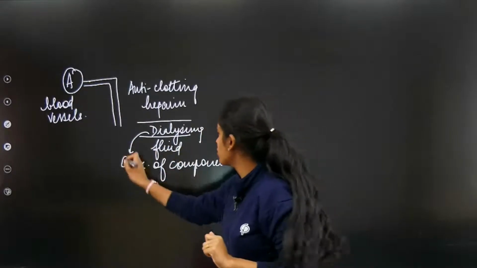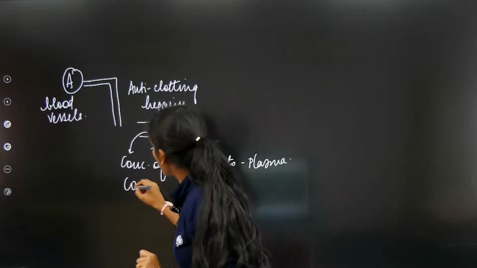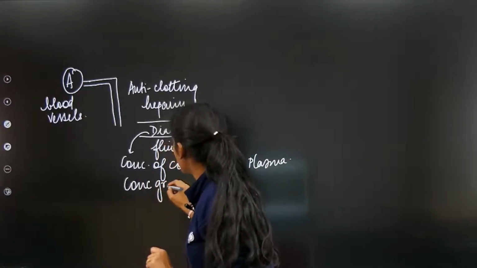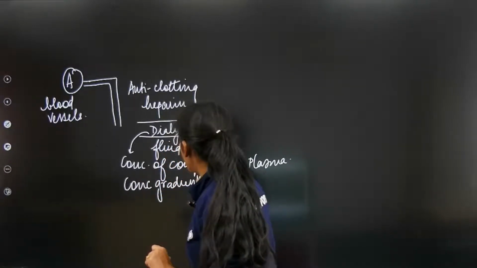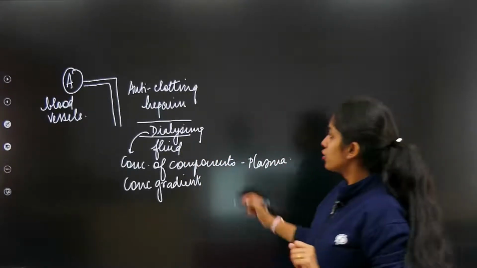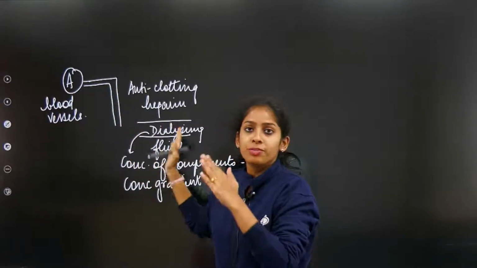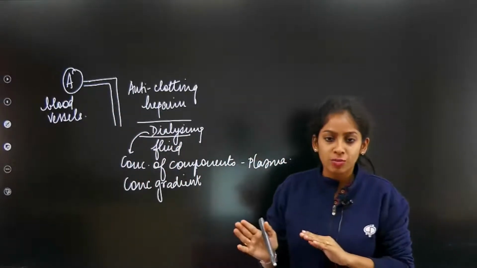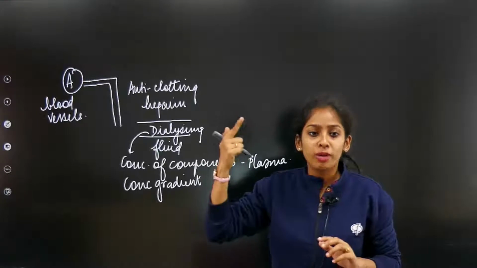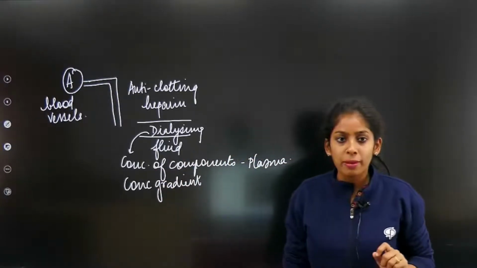The reason it has to contain some components of the plasma is to maintain a concentration gradient. Only if there is a concentration gradient will filtration take place. Here there will be low concentration, here there will be high concentration. A concentration gradient has to be maintained because your urine has to be concentrated, right?